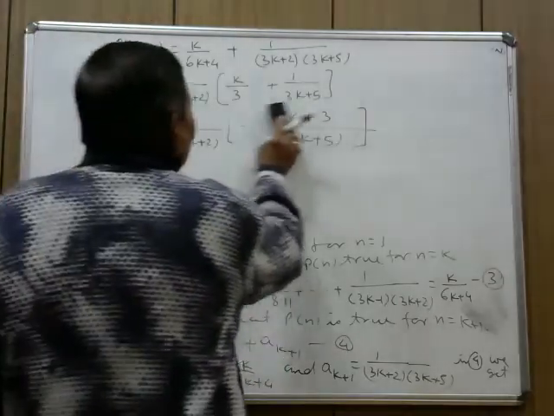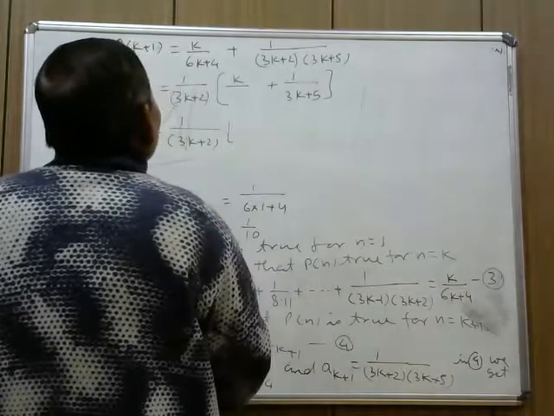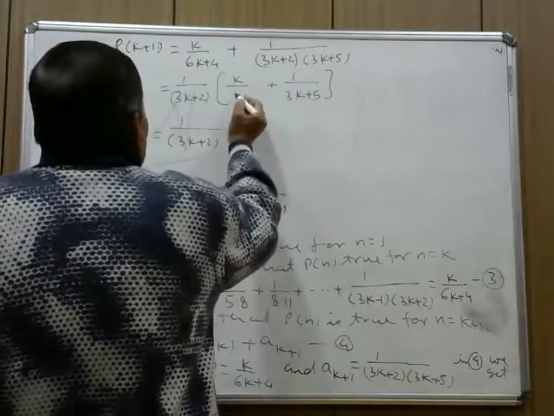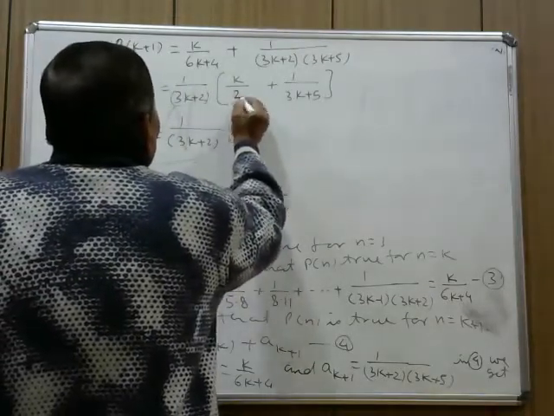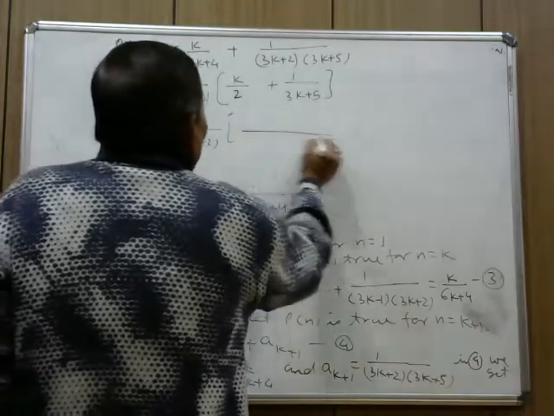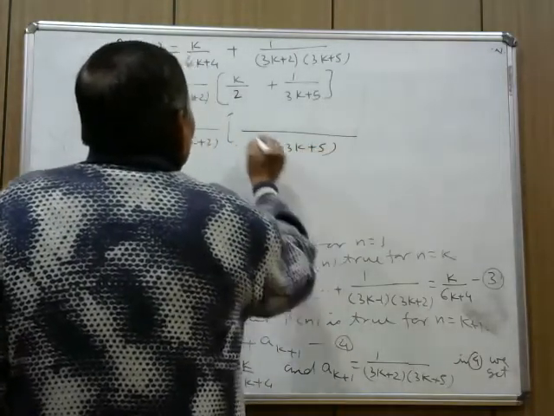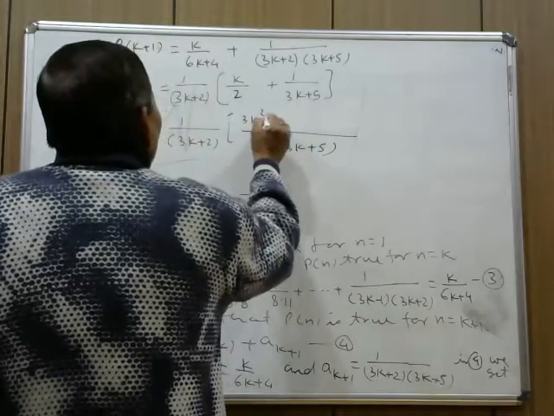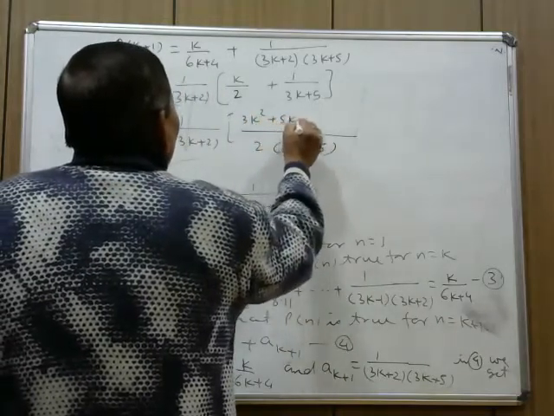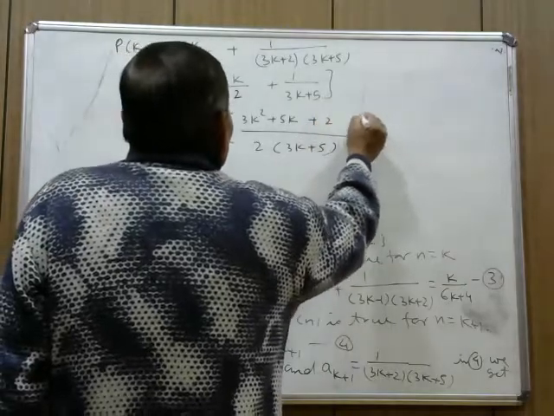Here this is wrong. This is k by 2. Your LCM is 2 into 3k plus 5. This is 3k square plus 5k plus 2.